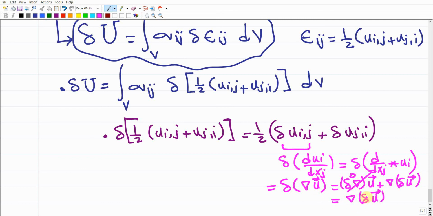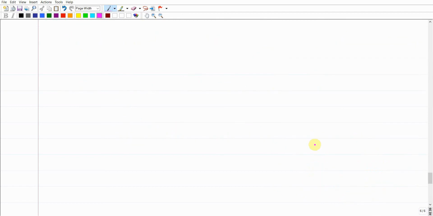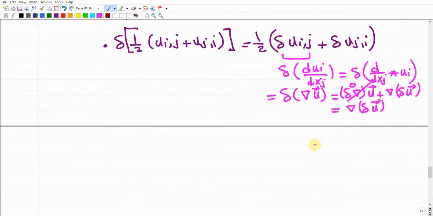If we decided to write this one in the index notation, since this is in the vector notation, it will be written into this form: d by dxj times the delta ui. So simply this is going to be d delta ui by dxj.